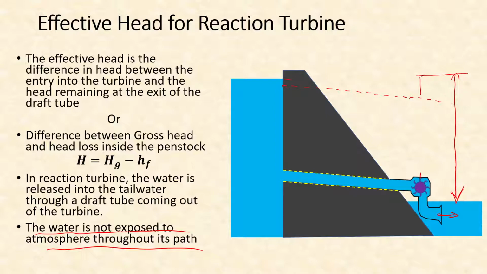So this much is, suppose, the head loss, and the remaining portion, only this part, is the effective head, and this part is the gross head. As you have noticed here, we do not have to subtract the height of the turbine or height of the nozzle or anything, because it is completely a continuous pipe.